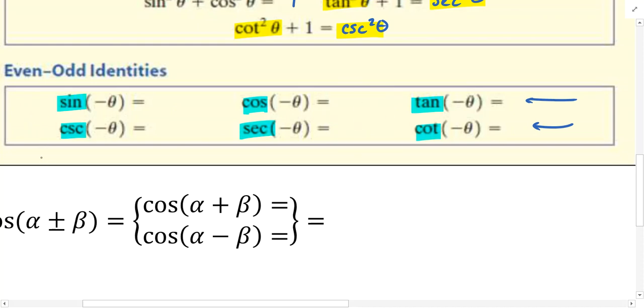And so what that means is that sine evaluated at negative theta would simply be sine of theta, but the opposite of it. Same thing with cosecant. Since it's the reciprocal of sine, it behaves just the same way. Cosecant of negative theta is cosecant of theta, but the opposite.